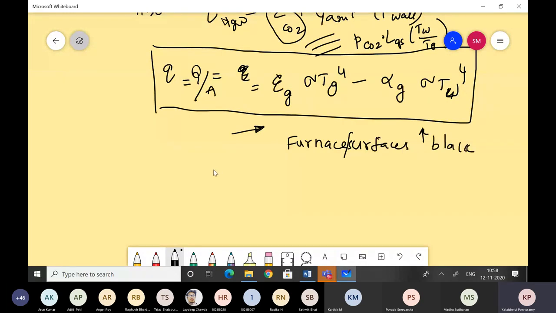What will happen if you have surfaces or wall which is non-black? How will you do that? So for this we have an expression, Hottel's formula.